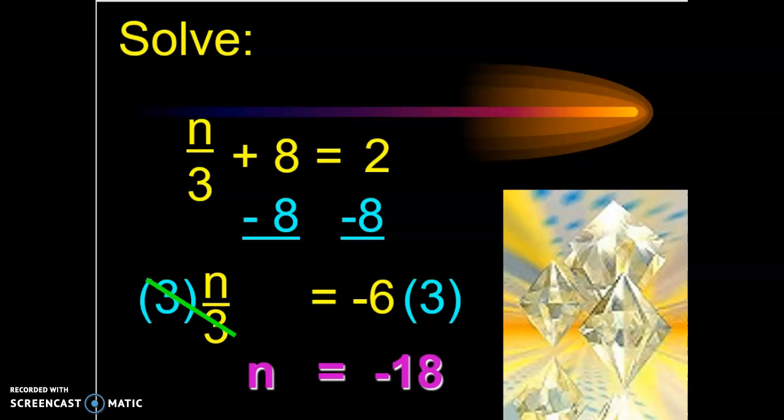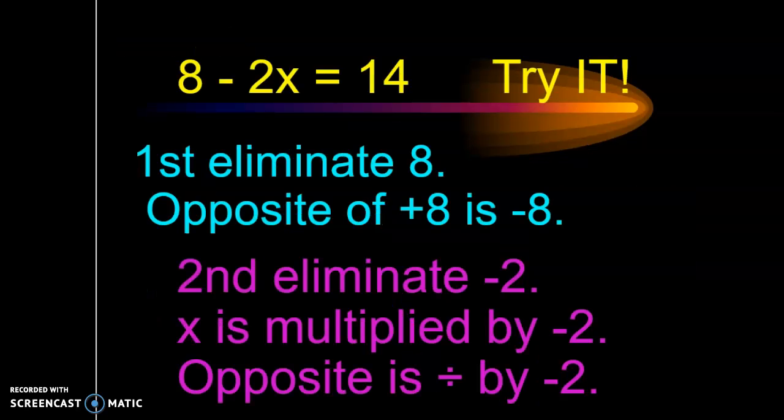You're going to have to do 2 undo operations. I'm either going to add or subtract first, and then I'm going to multiply or divide second. In this case then, when I multiply that divided by 3 there, by 3, they cancel out, and I get n equals, and the negative 6 times 3 gives me the negative 18 that you see. All right, let's try another one.